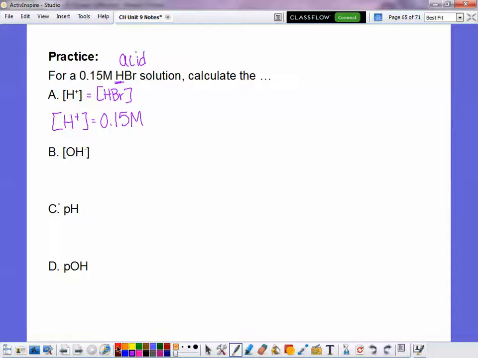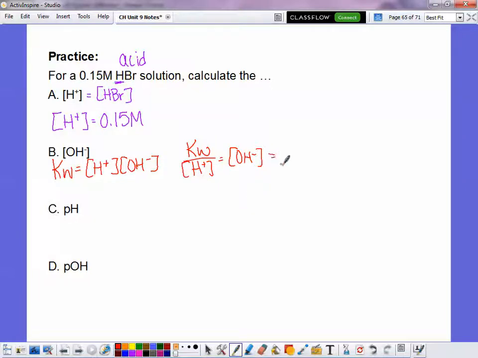So, let me change colors. Kw equals H plus times OH minus. We're finding OH minus, so if I rearrange this formula, I'm going to have Kw over H plus, and that will equal the OH minus concentration.